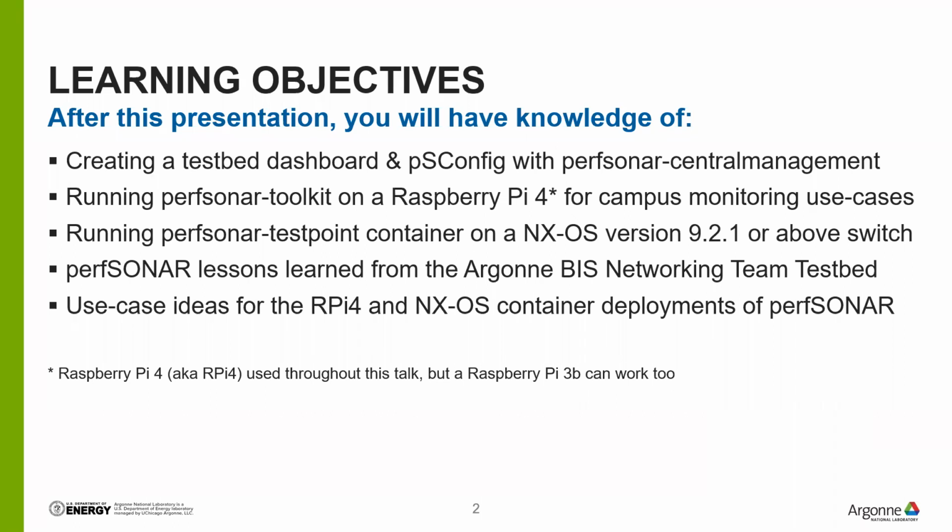And then running the perfsonar-testpoint container on a Cisco NX-OS switch, as long as it's running NX-OS version 9.2.1 or above. That's pretty fun and easy to do. And then all the lessons learned from doing this inside of our networking team testbed. And lastly, I'll finish up with some use case ideas, just spitballing some ideas that you might be able to take home to your home institution if you decide to try any of this at home.